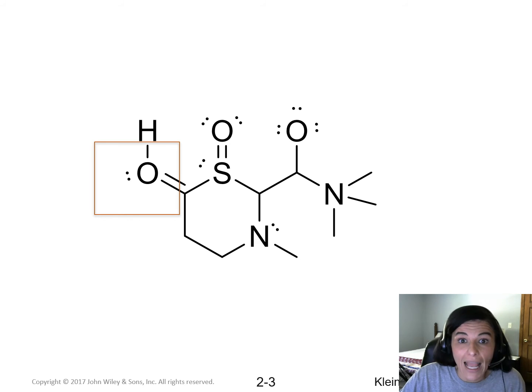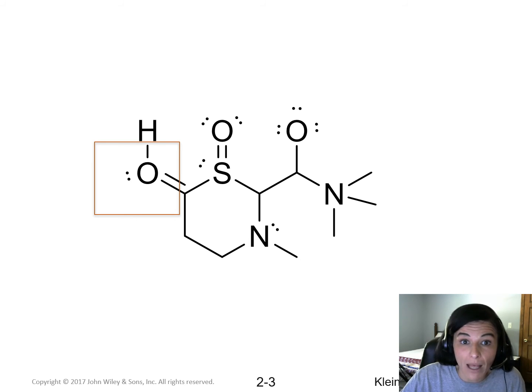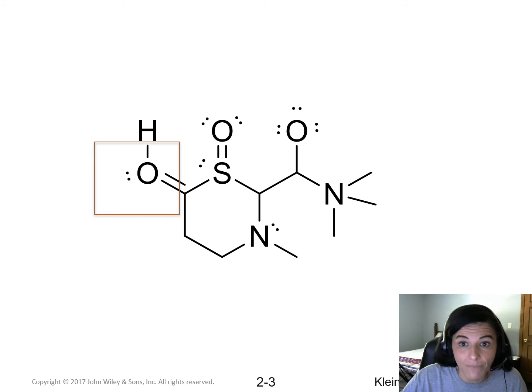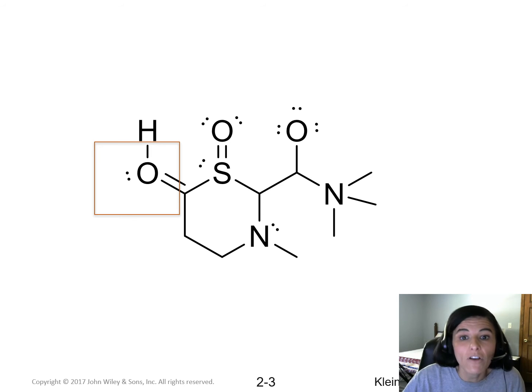This oxygen has 1 lone pair, so that's 2 lone pair electrons and 3 different bonds: 2 bonds to carbon and 1 bond to a hydrogen. So plugging in the numbers, we would get 6 minus (2 plus 3), or 6 minus 5, which equals 1. The charge on this oxygen is plus 1.